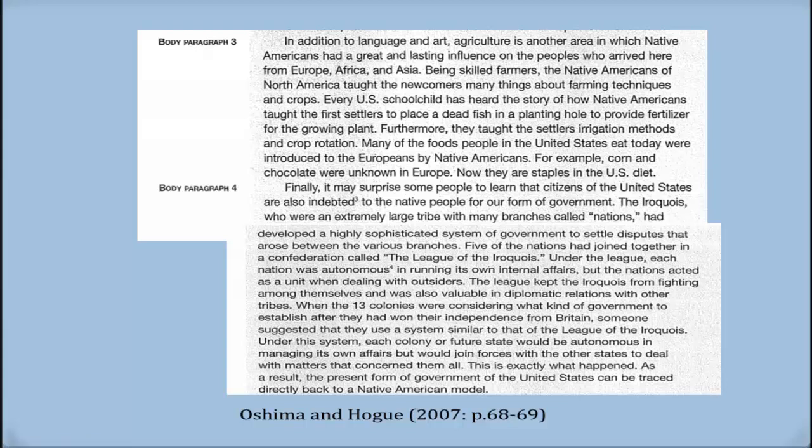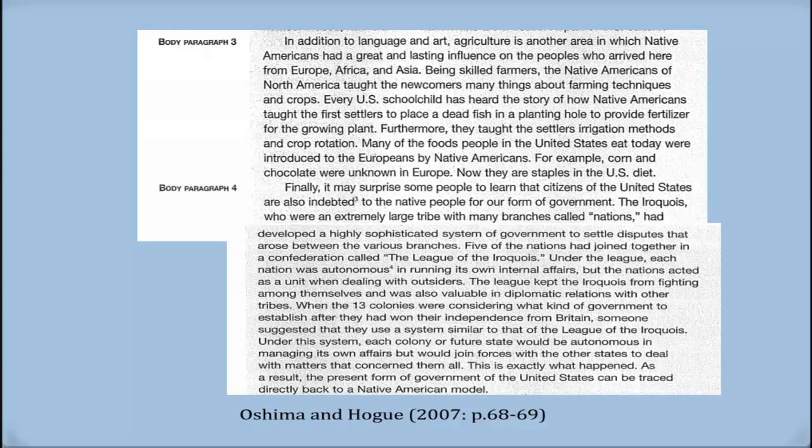In addition to language and art, agriculture is another area in which Native Americans had a great and lasting influence on the peoples who arrived here from Europe, Africa and Asia. So body paragraph 3 will talk about this in a longer one.